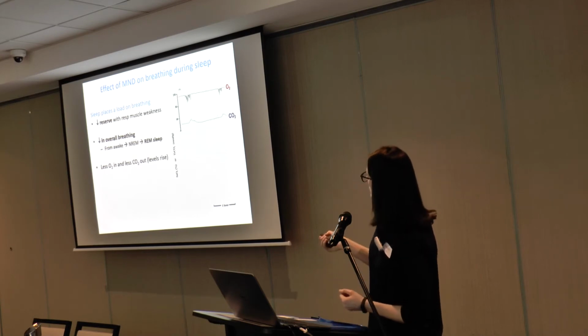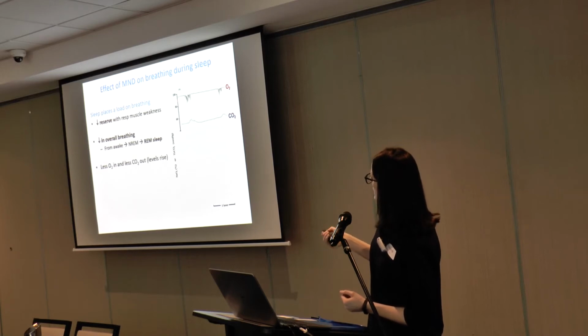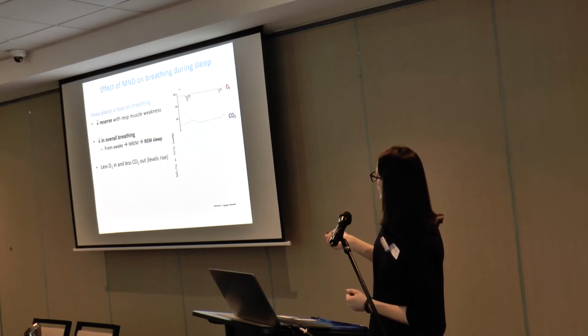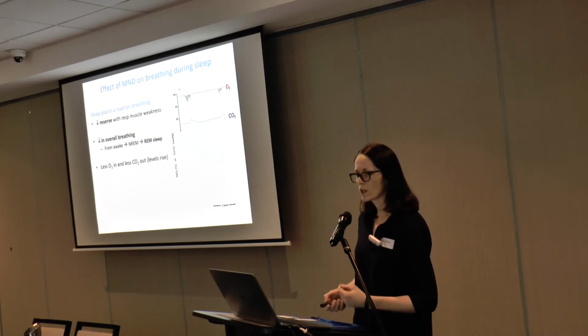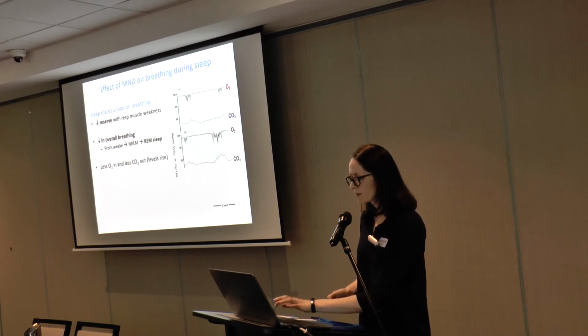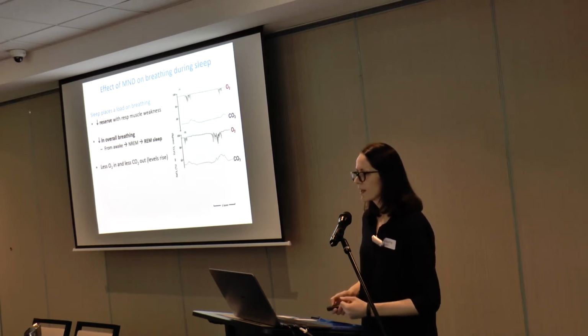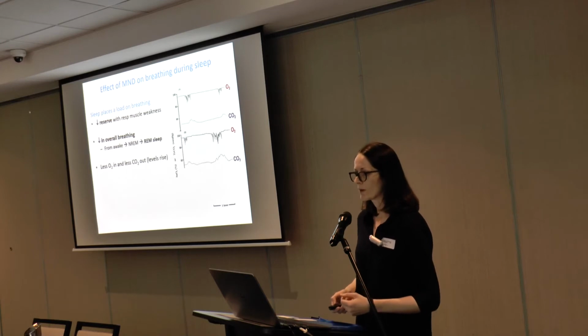In this example, this is the oxygen level here, and this is the carbon dioxide level. You can see there are dips in the oxygen and the carbon dioxide's going up where that person is under-breathing. Initially this often starts in REM sleep, and then over time, if not treated, it can affect breathing during non-REM sleep.